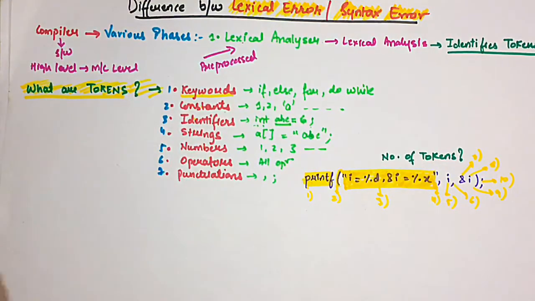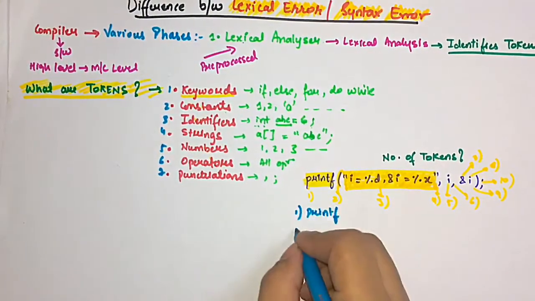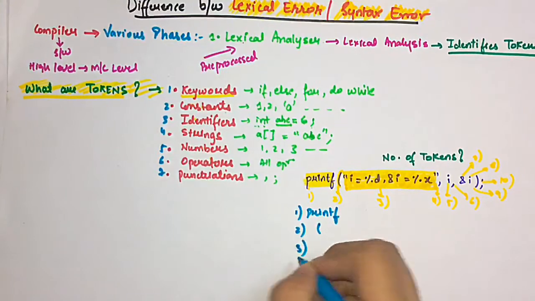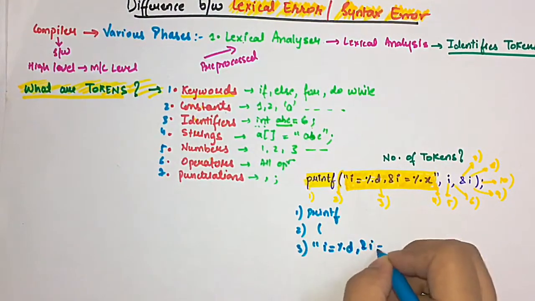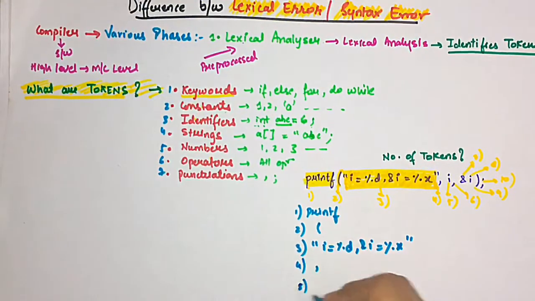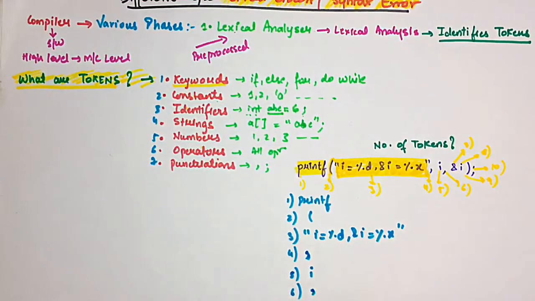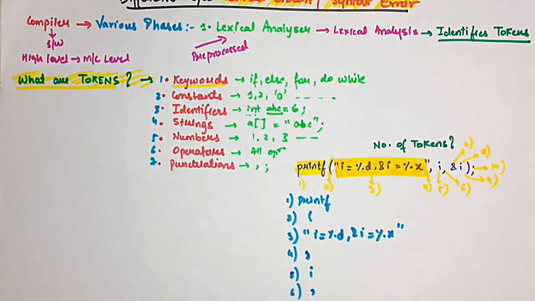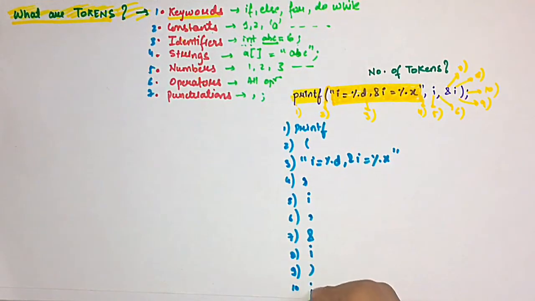Okay guys, so here: printf, opening bracket, the string, comma, i, comma, and i, closing bracket, and at the end semicolon. These are the 10 tokens.